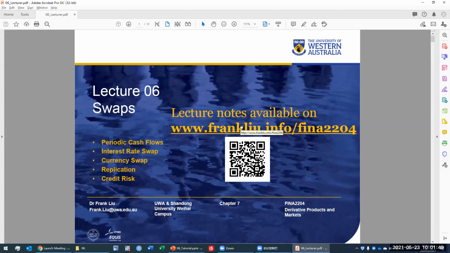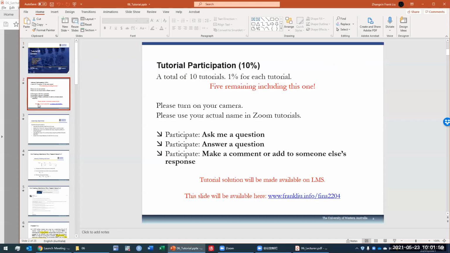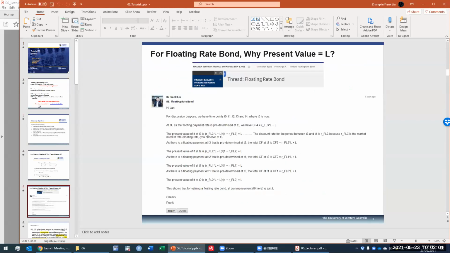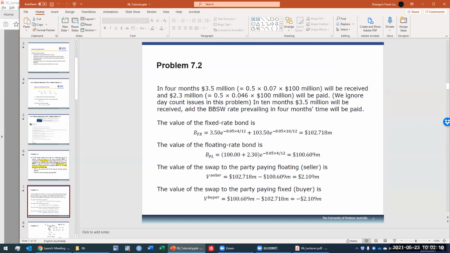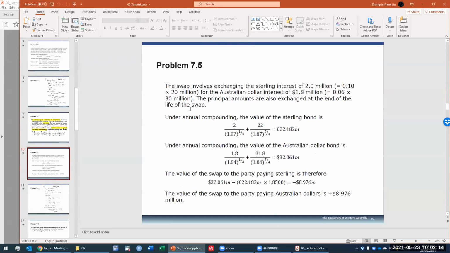I have all my tutorial slides loaded over there, some of the weeks with additional handwriting, just in case people don't understand. And in that week, I talk about how to price in that, because someone asked that question, say, why is the floating rate L? So I just explained it again. And it's important for you to know how to do all that.